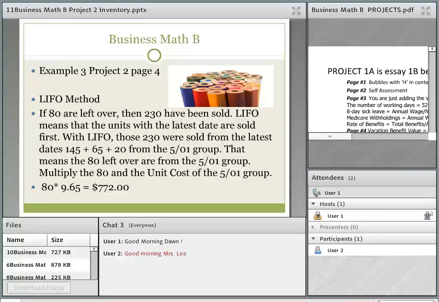Can you think of why a business would choose one of these methods over another? Different businesses make different decisions for different reasons.